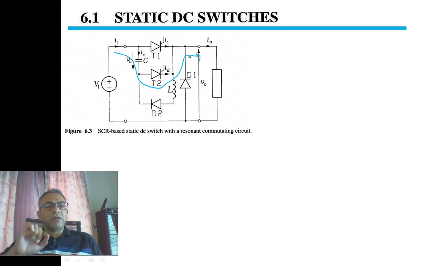When this sine wave current passes through 0 ampere, the current in T2 becomes less than its holding current, and T2 turns off naturally. So we don't need an extra commutating circuit to turn off T2.